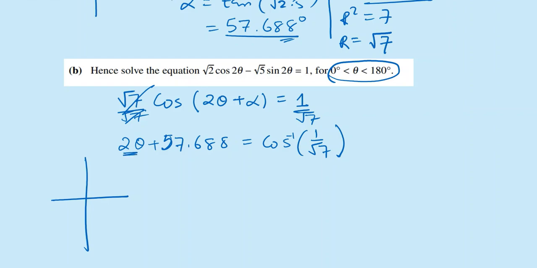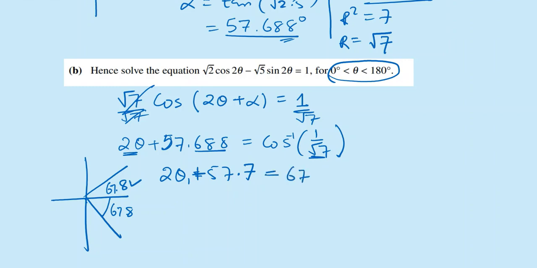So let's start by 1, 1. So cos inverse 1 over square root 7. Let's see what acute angle it gives us. It came out to be 67.79, let's call it 67.8. Okay, because it is positive, so this is the quadrant where cos is positive and this is the quadrant where cos is positive. So let's use this angle first. Okay, so 2 theta 1 plus 57.7 equal to 67.8.